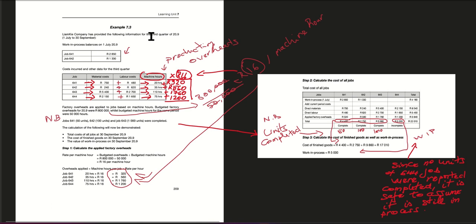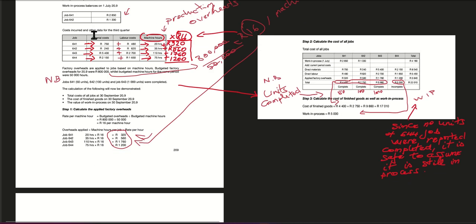Has provided the following information for the 3rd quarter, and it just runs from July to September, 3 months, the 3rd quarter, right? And they say that there was an opening balance for work in process, the balance was these 2. So you need to take them into account.